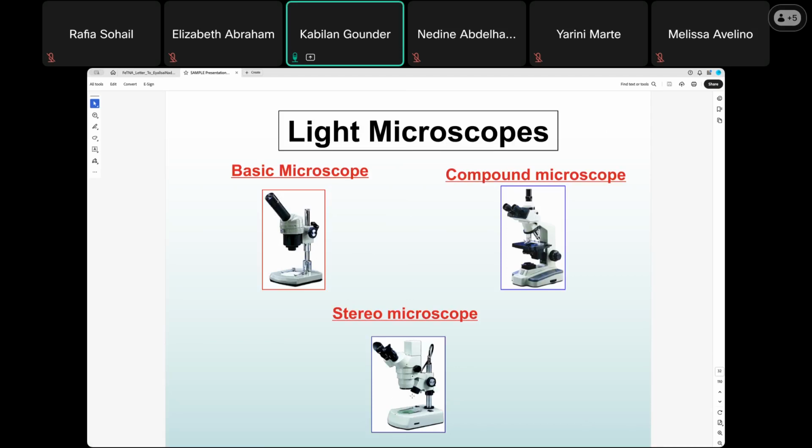If you want to see bigger samples and how the surface looks, you can use this stereo microscope. So this is the basic microscope, the compound microscope and the stereo microscope. We will discuss how important the compound and stereo microscopes are, and compare them with the scanning electron microscope and the transmission electron microscope later.